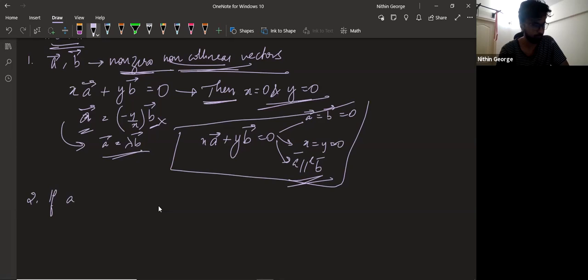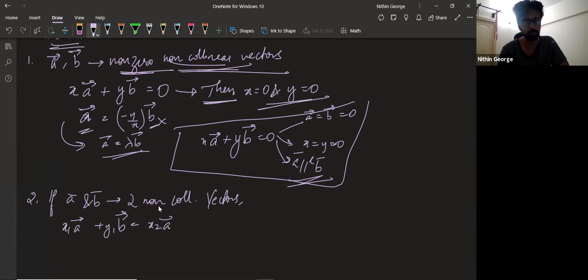If A and B are two non-collinear vectors, then x1 a plus y1 b equal to x2 a plus y2 b implies what? x1 equal to x2 and y1 equal to y2.